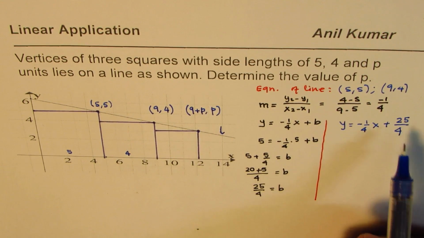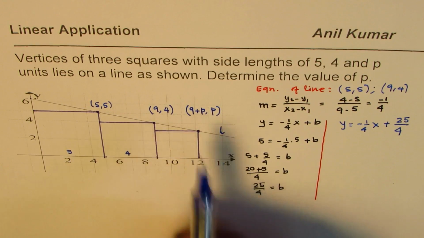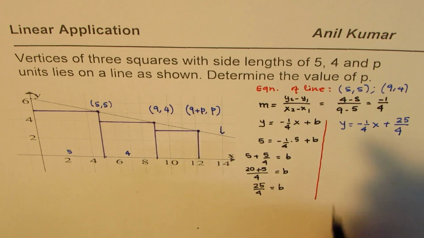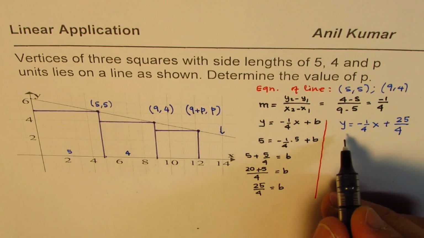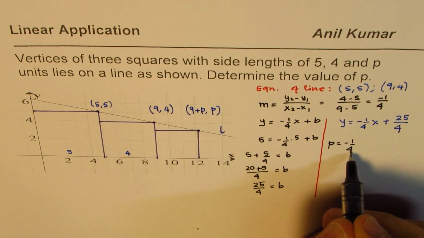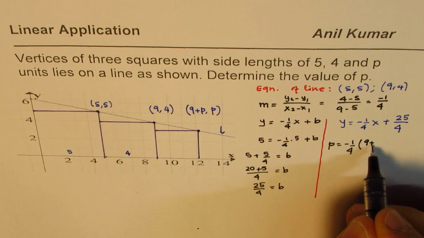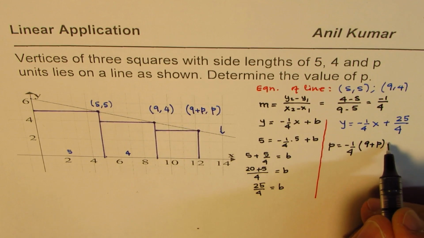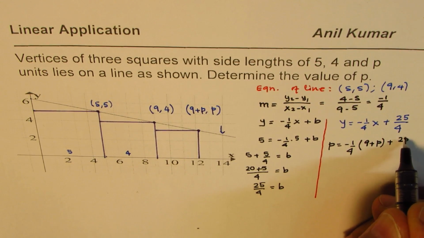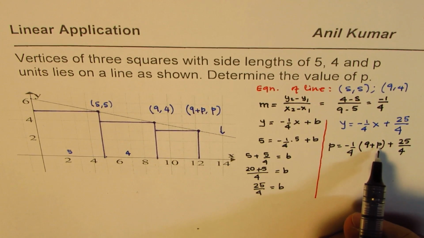So let's substitute the points given to us. Instead of y we write p, so p equals minus 1 over 4, the x value is 9 plus p, plus 25 by 4. So here we have only one unknown, which is p.